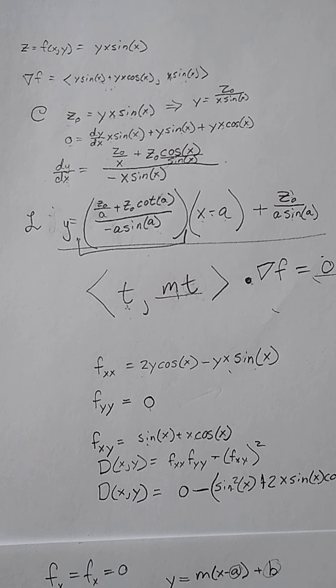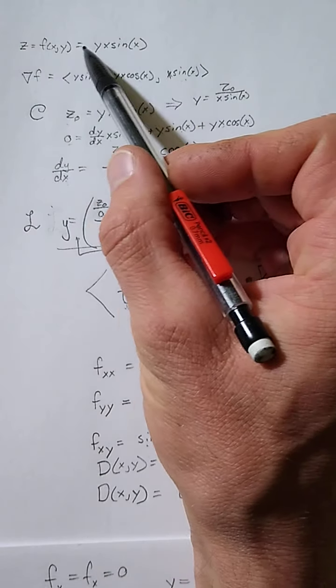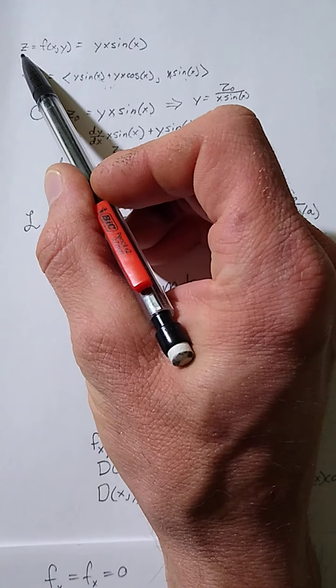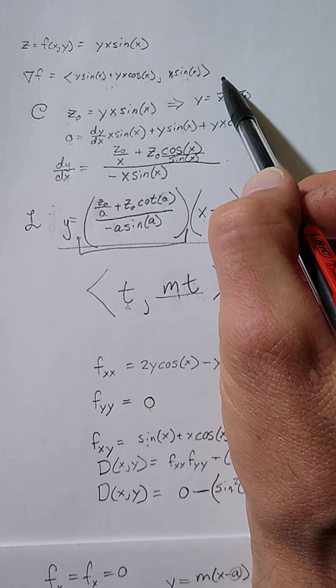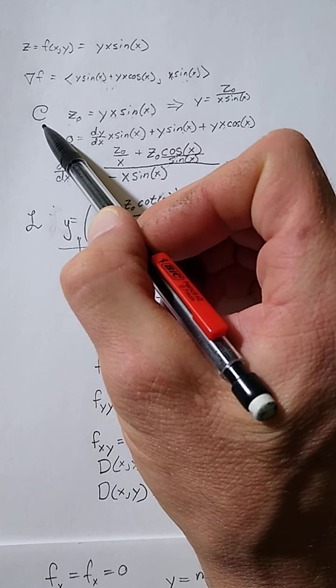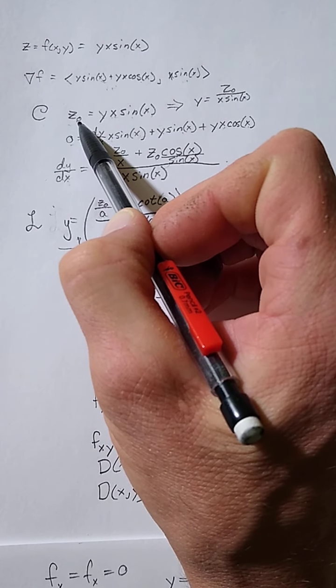So I hope that helps at least a little bit and makes it clear. Just to go through this really quick, we got a function that's defined as a surface. Don't forget how to take its gradient. We also can find a level curve by just setting it equal to a value.